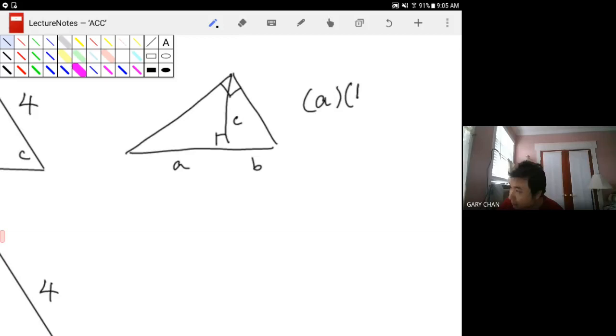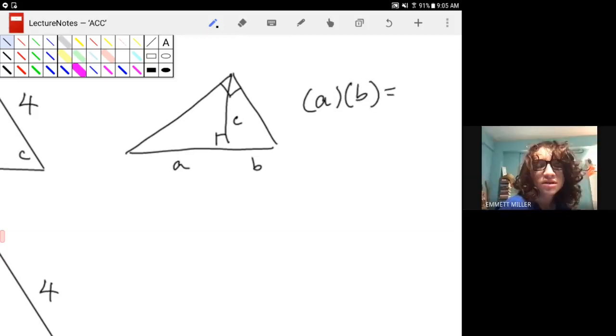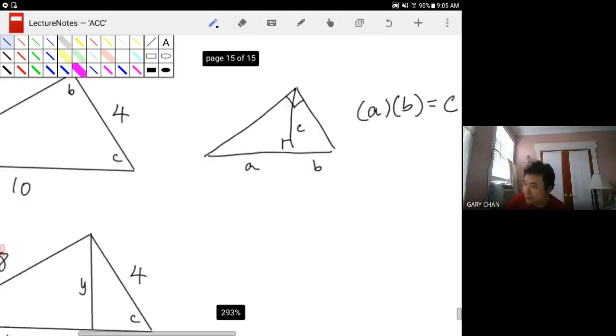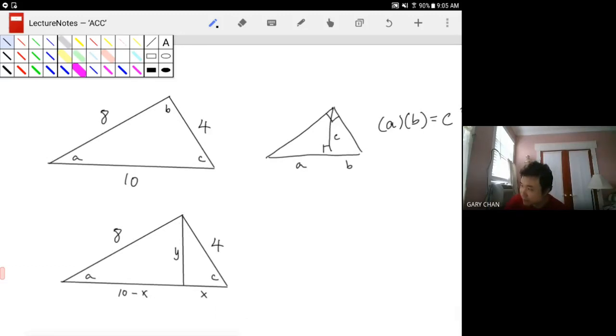That A times B will equal C squared. We cannot use that in this case, just because it's not the same setup. It's not a guarantee that angle B is 90 degrees. Can everyone recognize that?